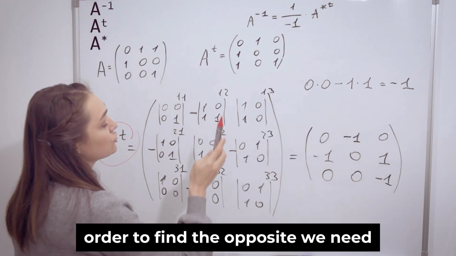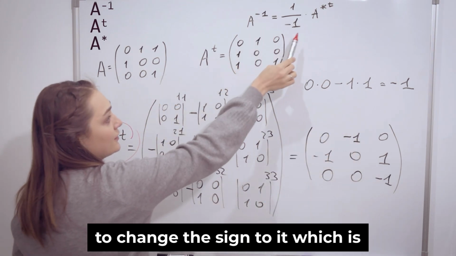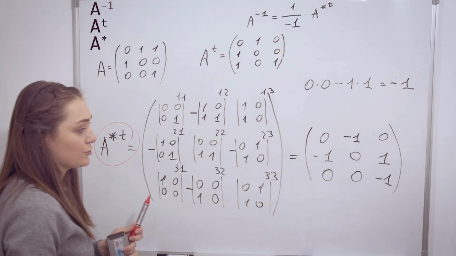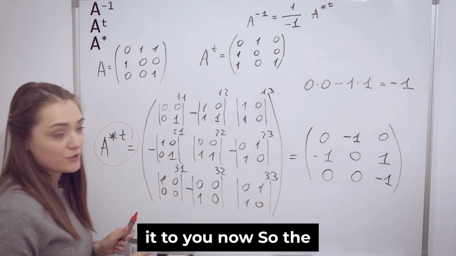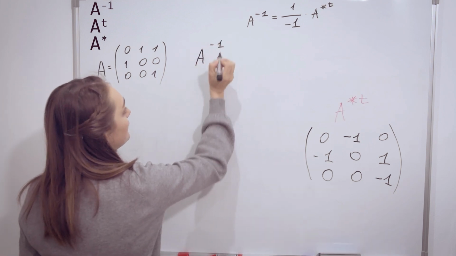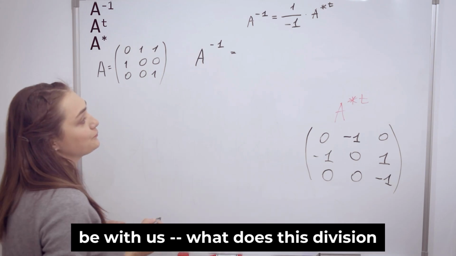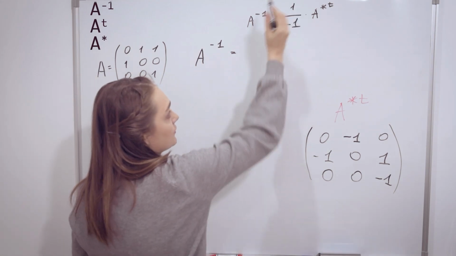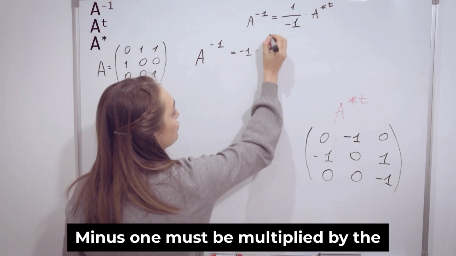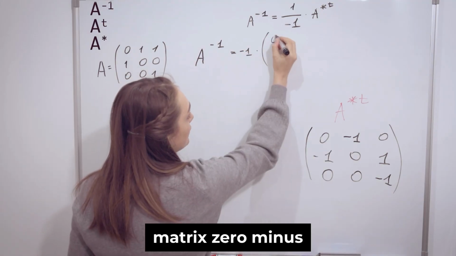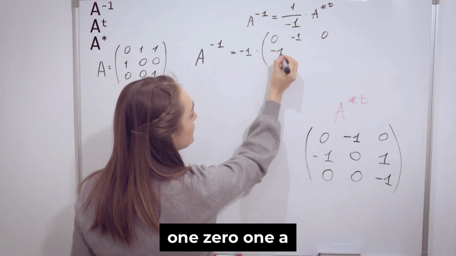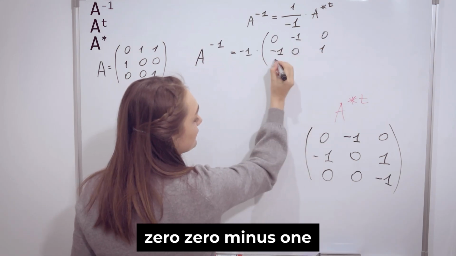That's it. In order to find the inverse, we need to change the sign to it, which is very simple. Well, let me erase it and show it to you now. So, the inverse matrix. What does this division give? Minus 1, right? Minus 1 must be multiplied by the matrix 0, minus 1, 0, minus 1, 0, 1, 0, 0, minus 1.